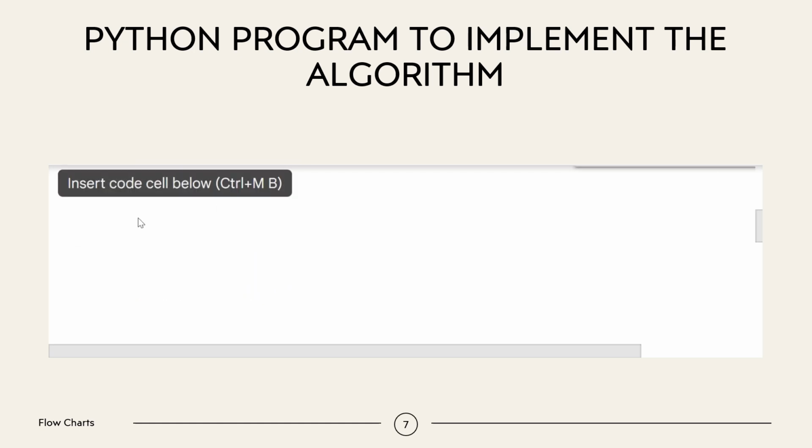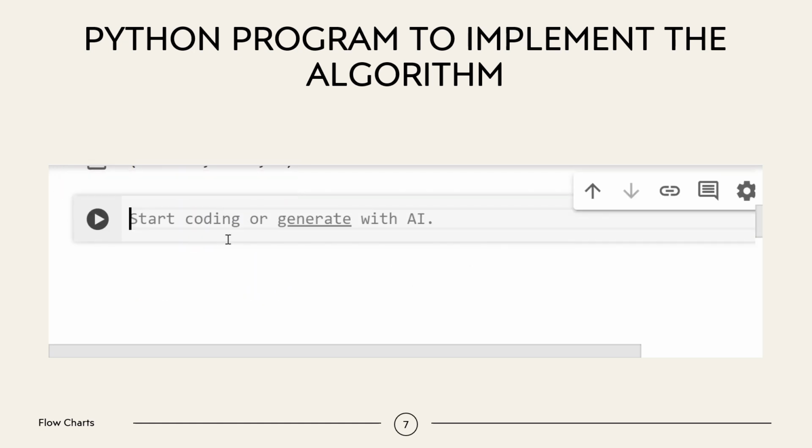Now the next one we need to find out is simple interest. We can give it as SI. SI is equal to principal into rate into years divided by 100.